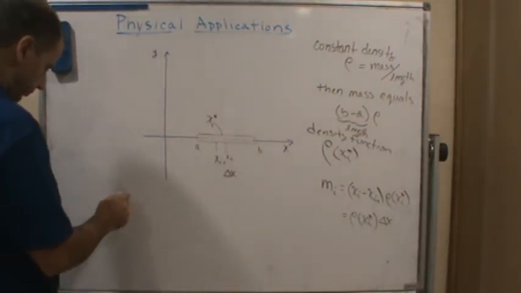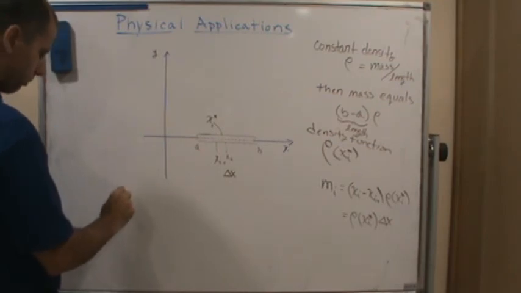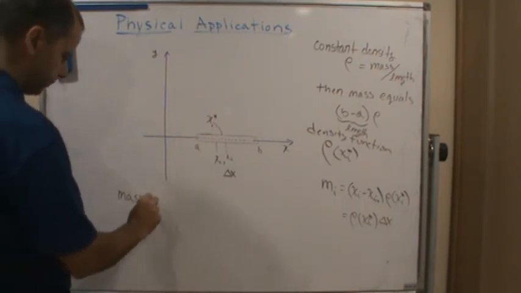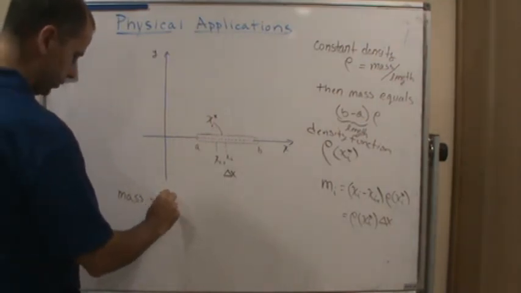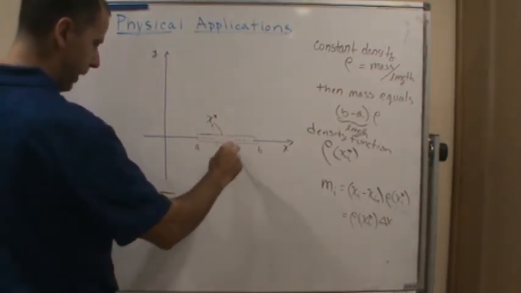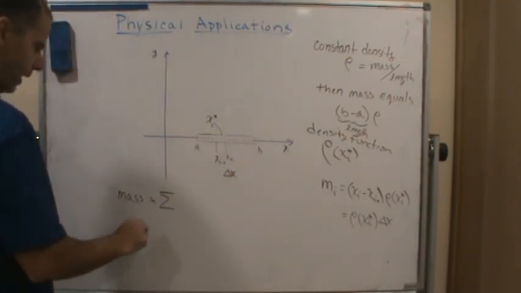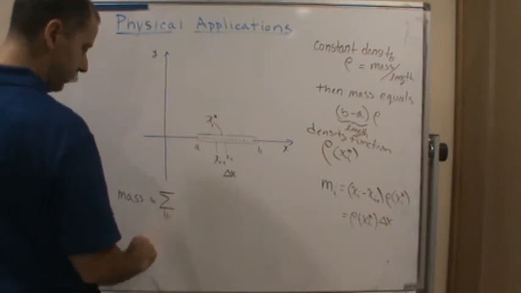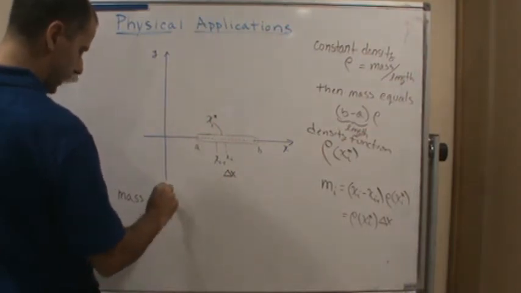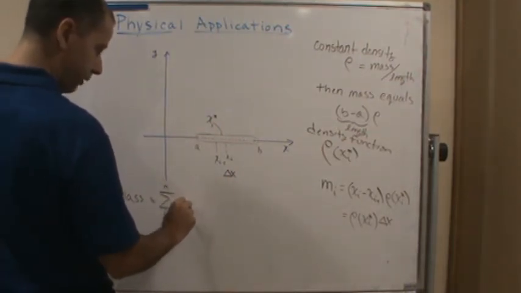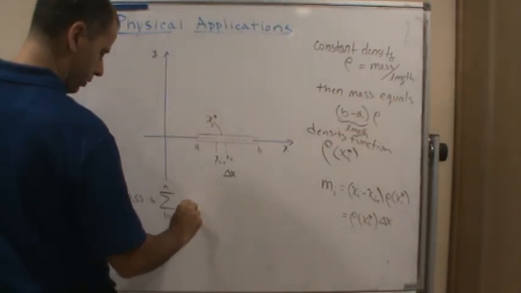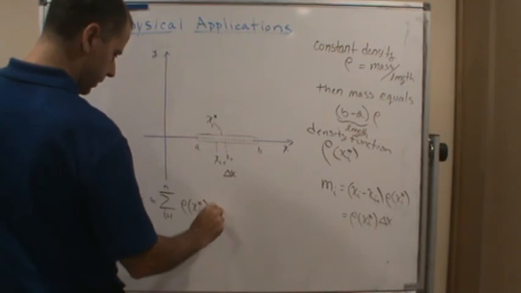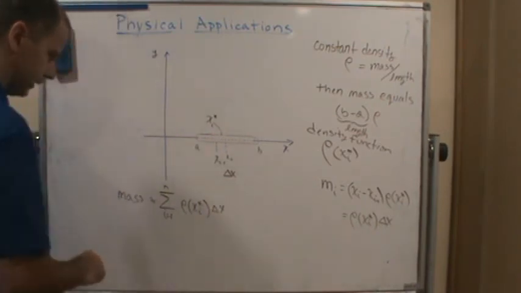So the mass of the rod is approximately equal to the sum of all of the masses that we calculated throughout the rod from a to b. So we're going to take the sum from i equals 1 to n of rho of x sub i star delta x.